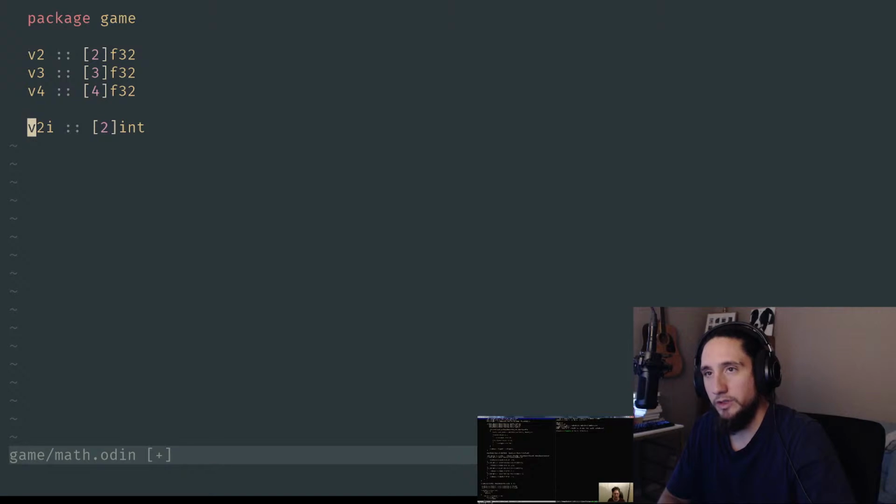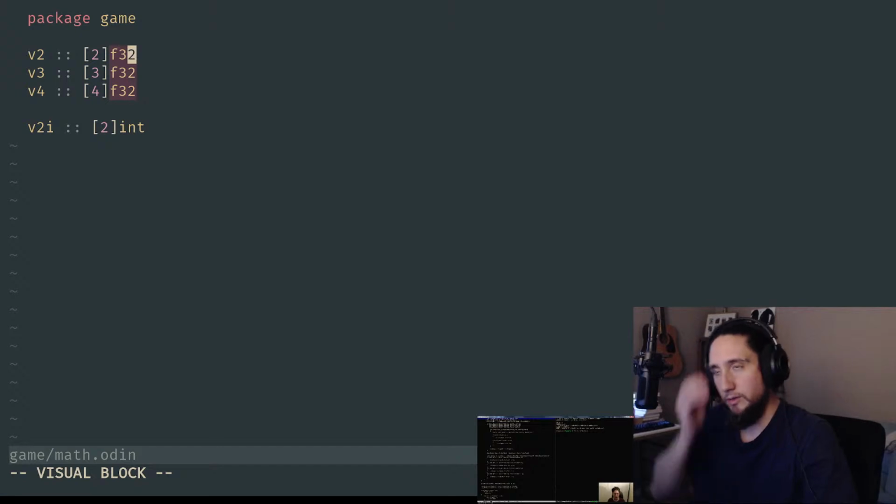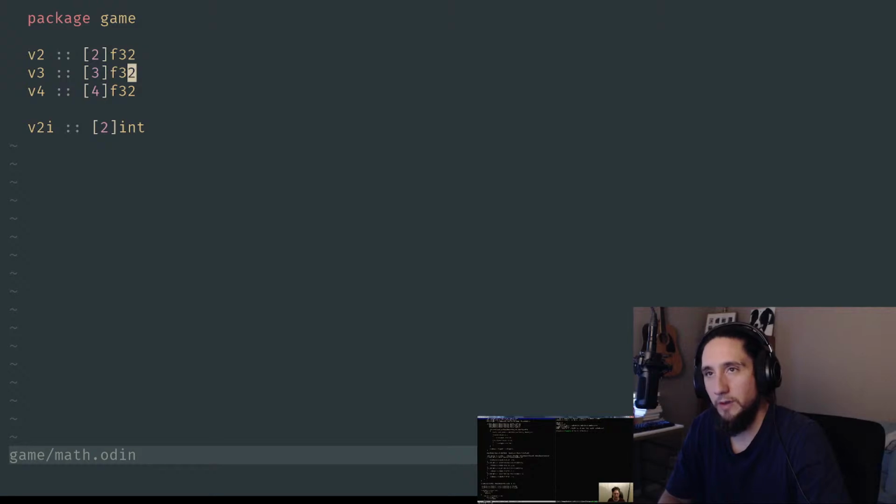I was using the vec nomenclature in Zig just because that's what I had seen elsewhere, but I kind of like the more abridged style here with v2, v3, v2i, because that's what types look like when you're dealing with floats and ints. I've got my f32s, I've got my v2s.